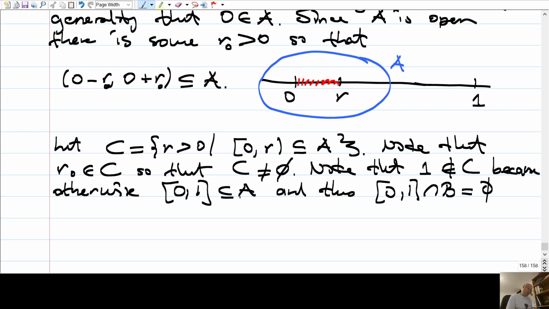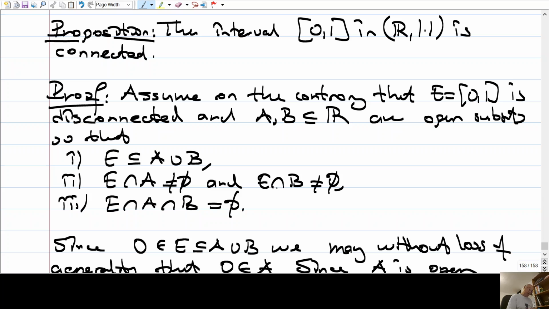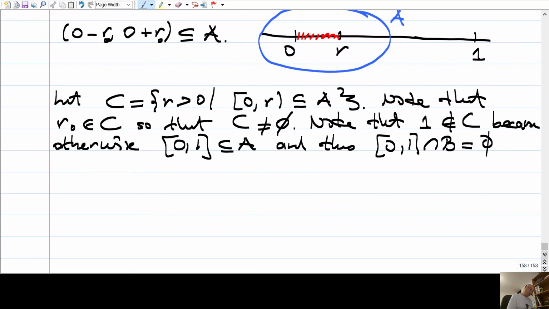So if [0, 1] lies completely inside A, then this had to be empty, because the intersection of A with this one is [0, 1]. But that's a contradiction to the assumption that E intersection B is not empty. Hence 1 is not in C.